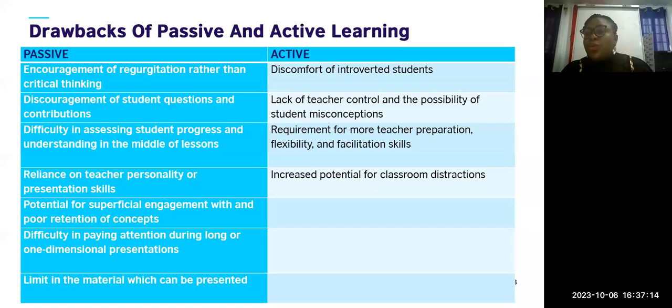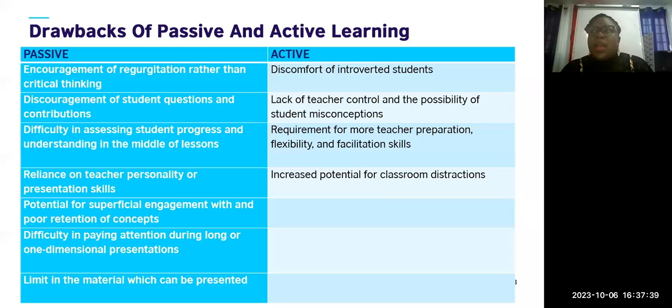They are not worried about what the teacher is saying. So their personality and how they present the lesson is their focus, and that is what they will retain. Also, we will not expect them to be fully engaged or to retain anything, because they are not involved in the lesson, so they have little to remember.